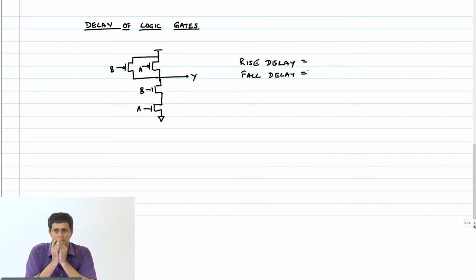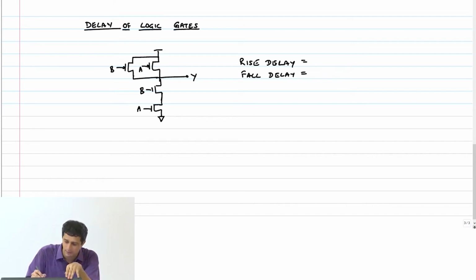In each of rise and fall, there are two kinds of delays that we will see: the worst case delay and the best case delay. Why is that? If you take the rise delay, only one transistor pulling up the output would be the worst case delay.